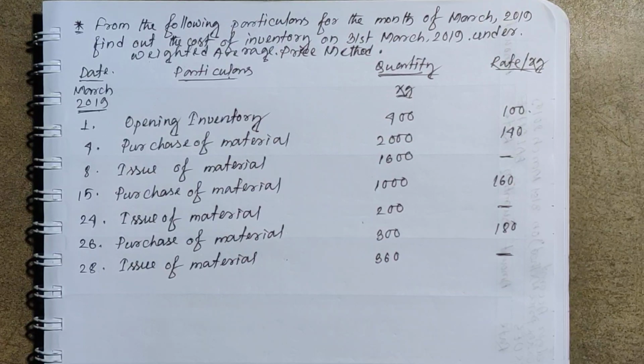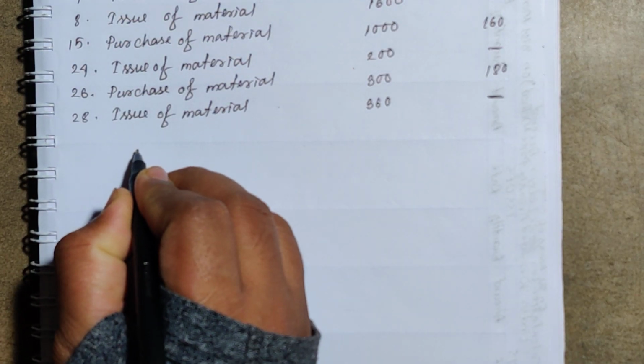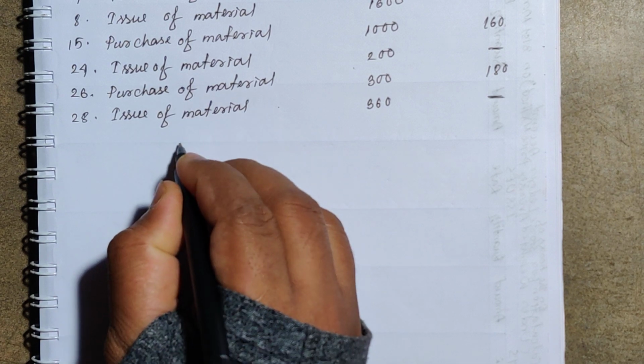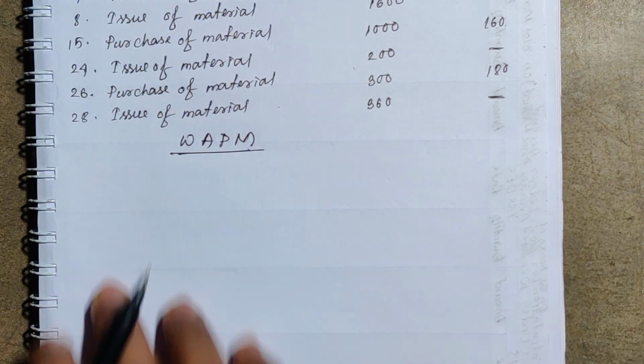So friends, our topic is weighted average price method. This is the last method of stored ledger account. Same as the simple average method, for solving the weighted average price method, WAPM, we have to follow 4 tricks or 4 processes.